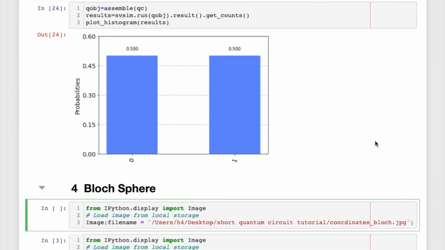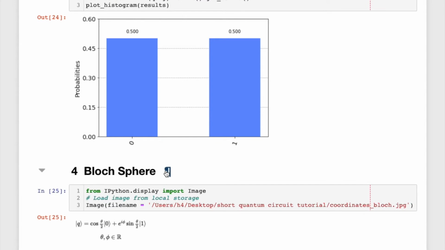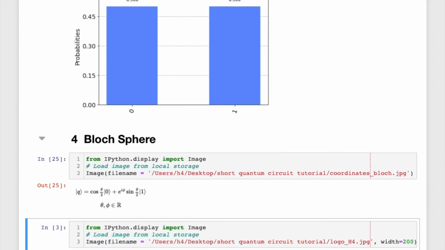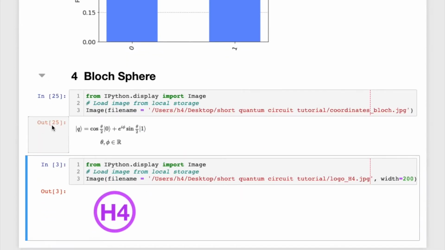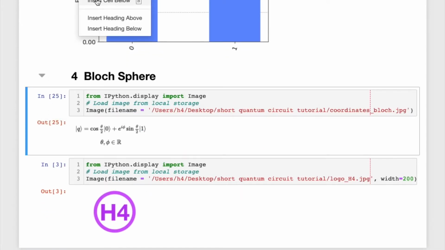So you have here the mathematical expression if you describe a qubit in space. You can describe this with the so-called Bloch sphere. This is basically something like this.